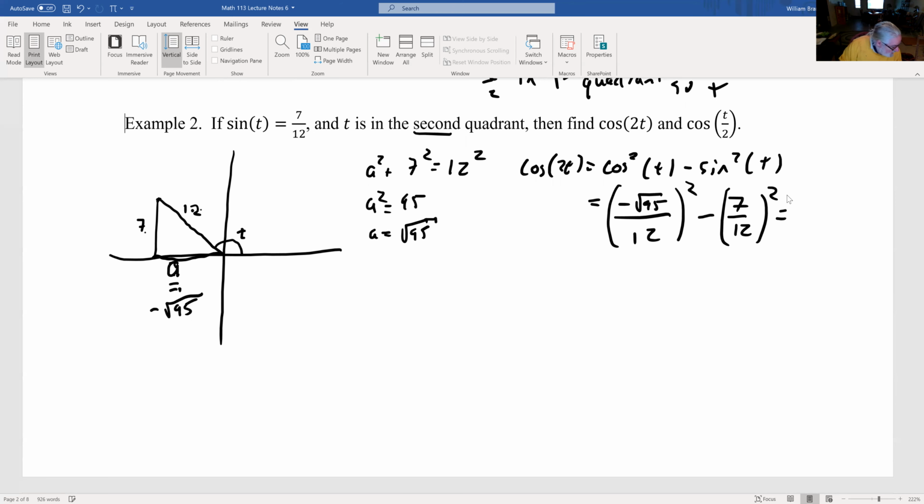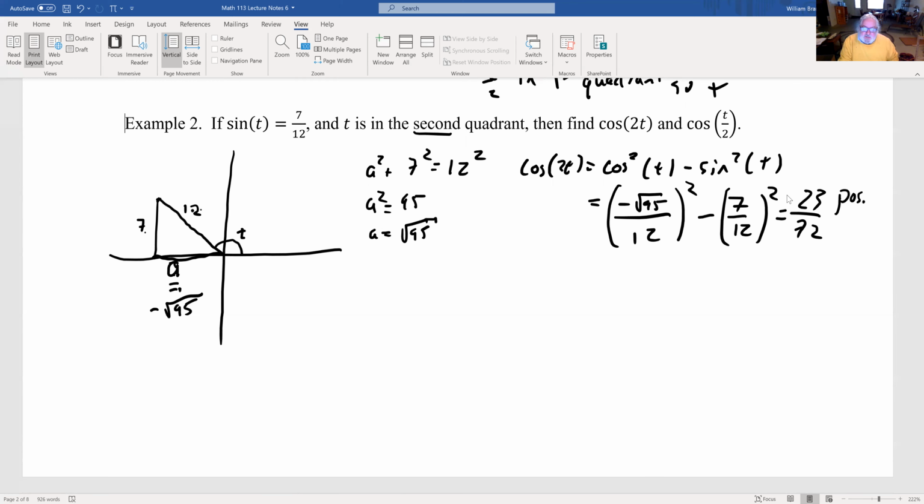And if you grind that out, that becomes 46 over 144, which if you reduce it is 23 over 72. So note something here. This is positive.